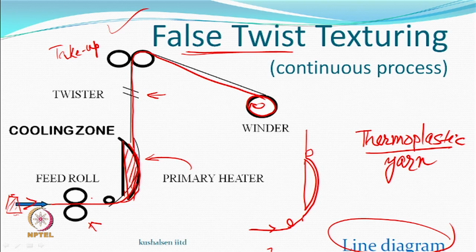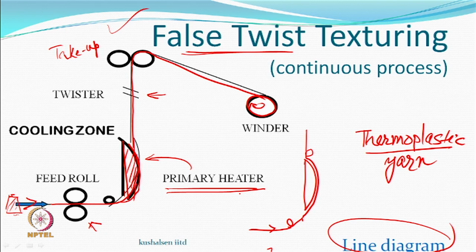In between, what we have done also is there is a primary heater also has been put. The word primary here comes because in a next machine we can see there can be a secondary heater also. So, what have you got? You have twist and detwist taking place because of false twisting, and when the material is in the twisted condition, you are putting a heater there.